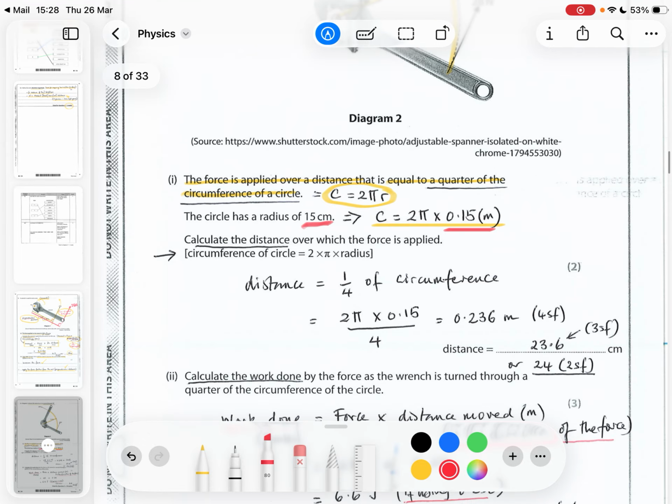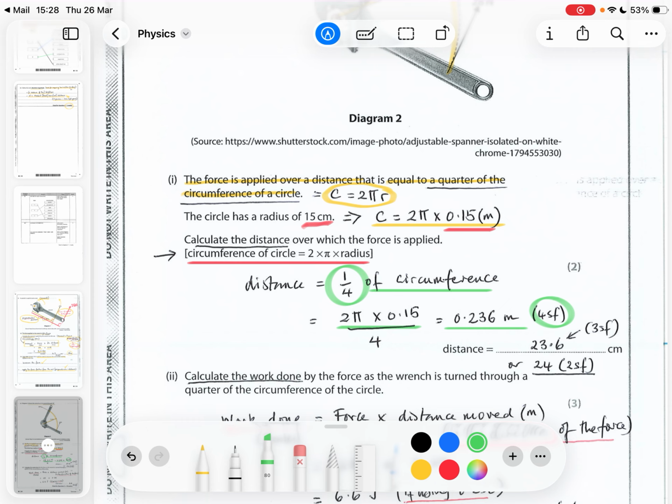Okay, so now that they've given you the formula here, the distance traveled is a quarter of a circumference, because it's only done 90 degrees. To do the circumference would be 360 degrees. So you divide the answer for the circumference by 4, and you can get an answer in your calculator of 0.236 if you use 4 significant figures, but you can't really quote it that accurately.